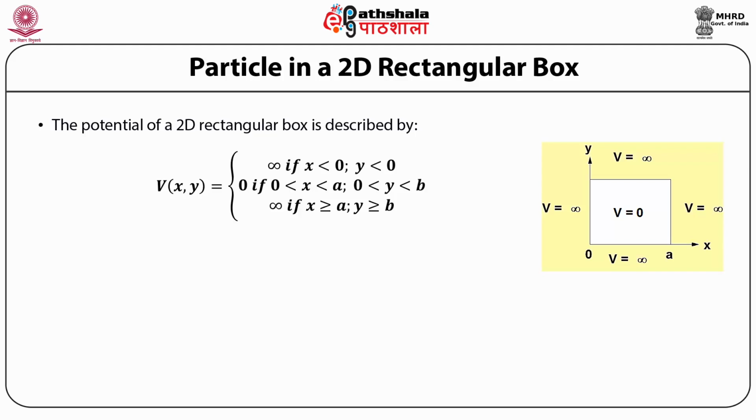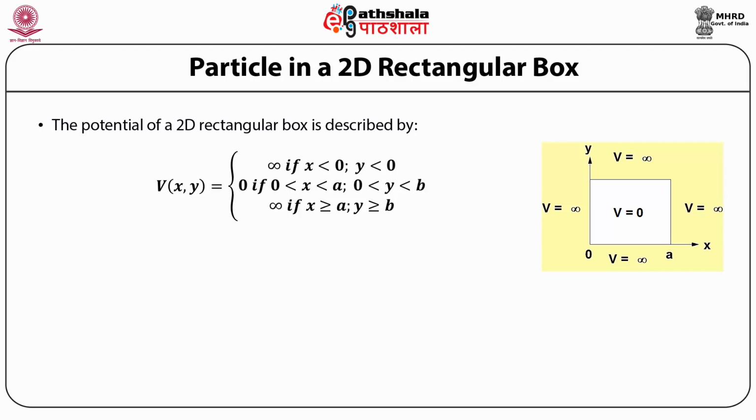So now if we substitute this solution in the Schrodinger equation where V is equal to 0 and write the equations using the variable separable method, then we get two equations, each consisting of one variable only, that is either psi x or psi y. So d square psi x by dx square plus kx square psi x is equal to 0.